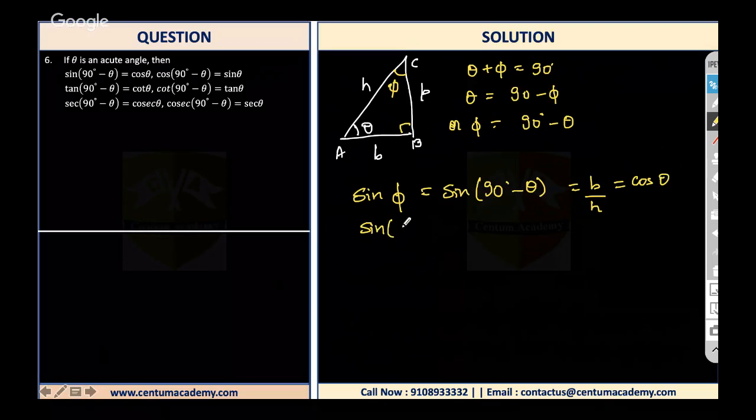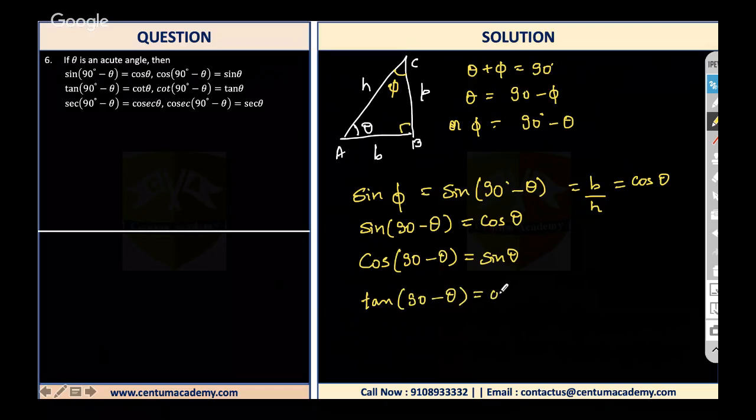Sine of 90 degrees minus theta is nothing but cos of theta. It is easy to see that cos 90 minus theta is sine of theta, and tan of 90 minus theta is equal to cot of theta, and vice versa. That means cot 90 minus theta is also tan theta. Similarly, if this is true, then the reciprocals will also be true.